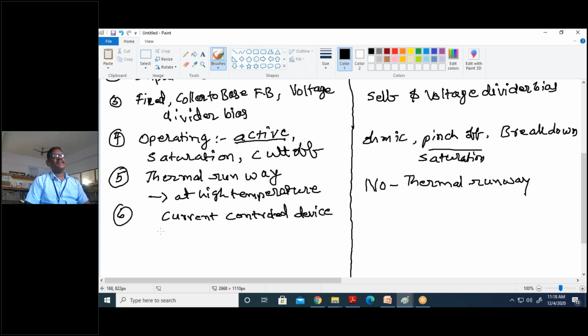So BJT acts as a current controlled device.